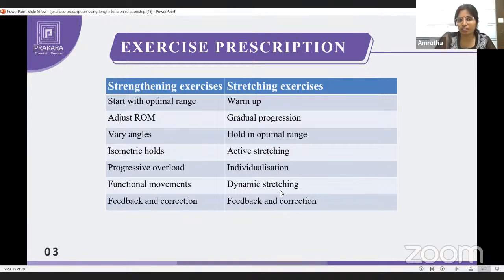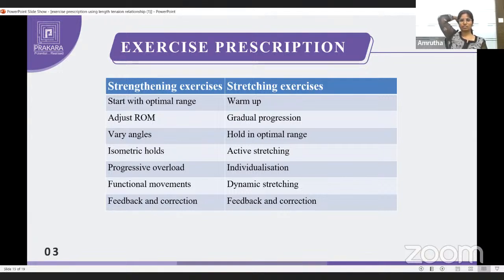Hence, in strengthening exercises, I have written: start with optimal range. I'm taking too many biceps examples, so let me talk about triceps now. Most of you might have seen or known about this exercise. Here, basically, I'm doing elbow extension against gravity.